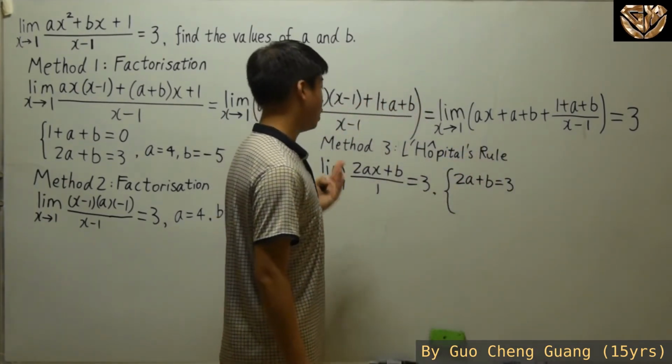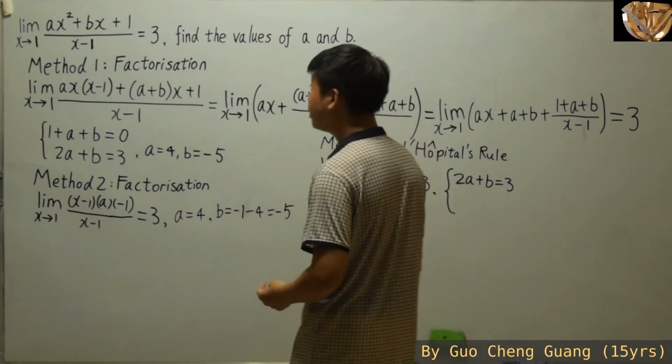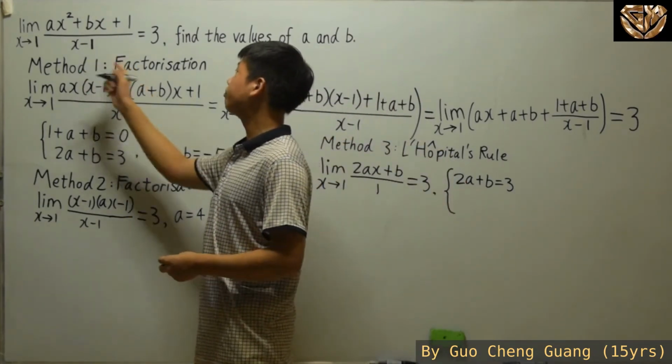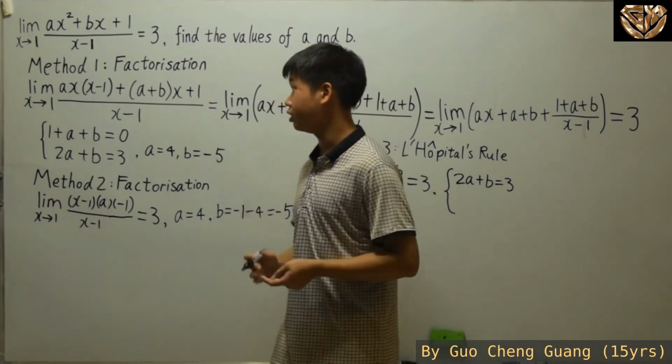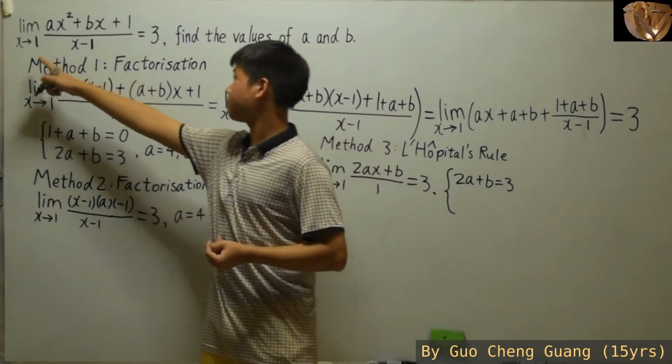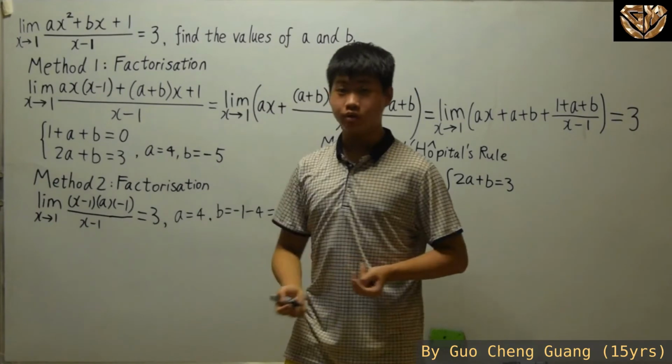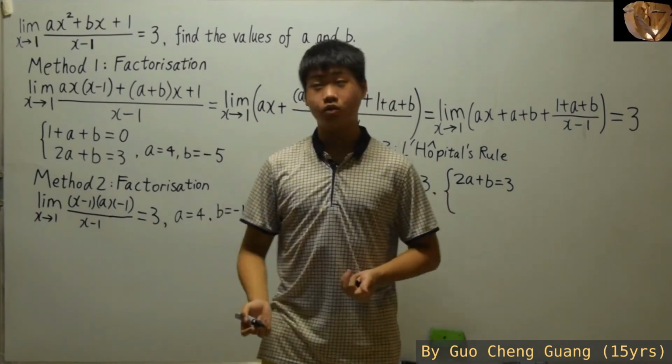But where do you get your other simultaneous equation? Now, since this here is supposed to be a 0 over 0, which means if you substitute x into the numerator, that will be a 0.